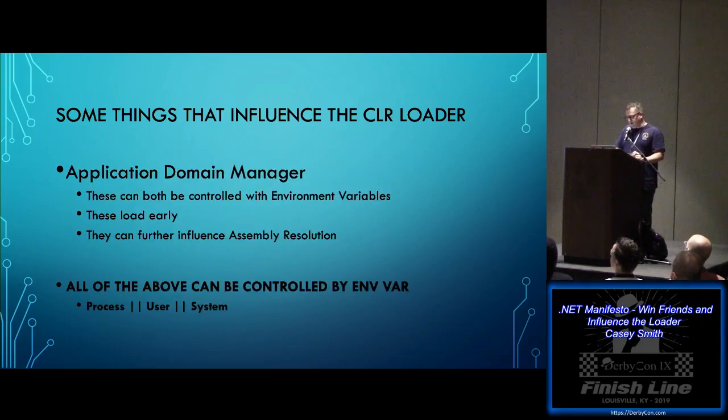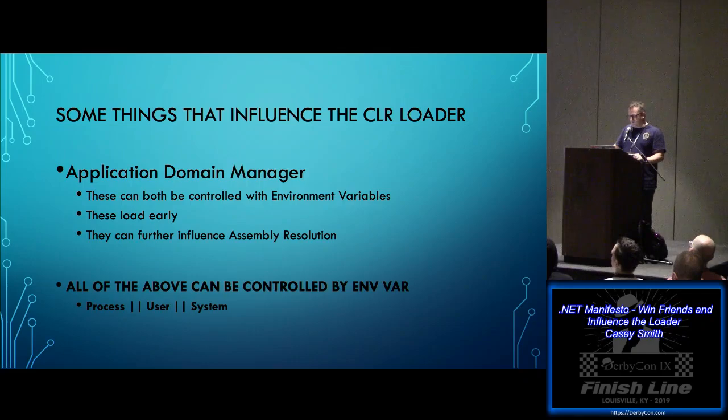Today, just for the sake of time, I wanted to focus on two areas, really the application domain manager. Some of you may have heard of these before. Some of this may be new. This is really interesting because an application domain is a unit of isolation you could think of inside of a .NET application. Application domains are set up by the CLR when an assembly is loaded or a process begins, and these can be controlled by environment variables.